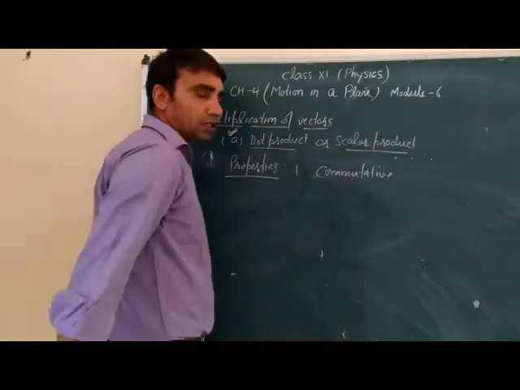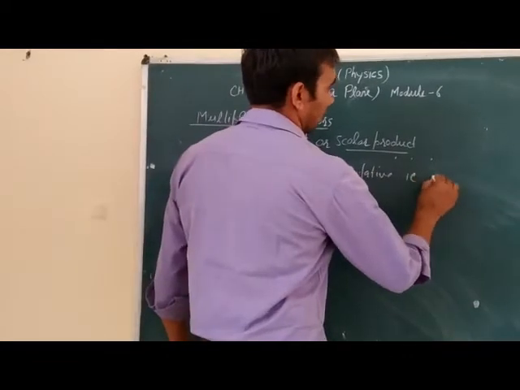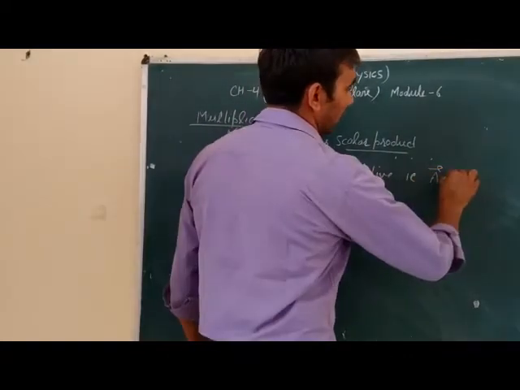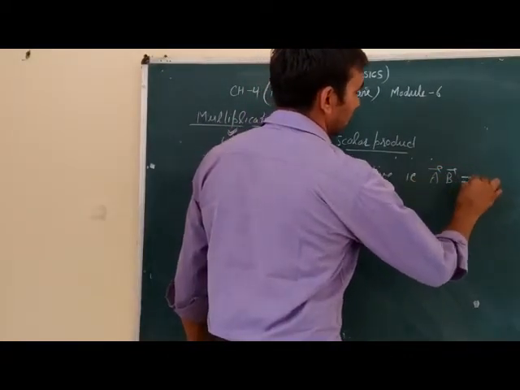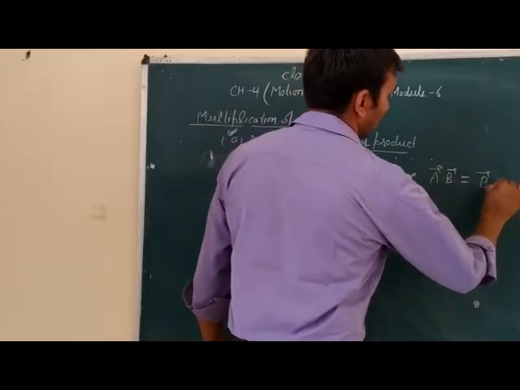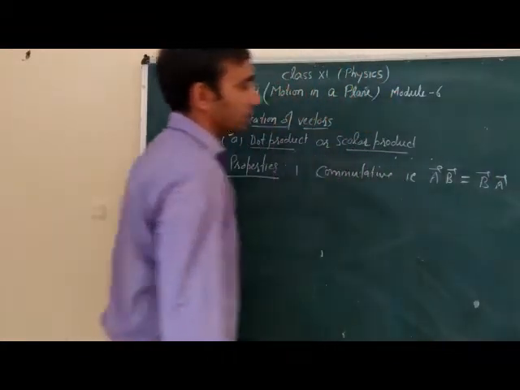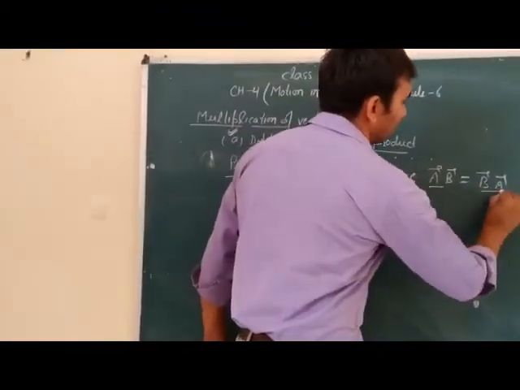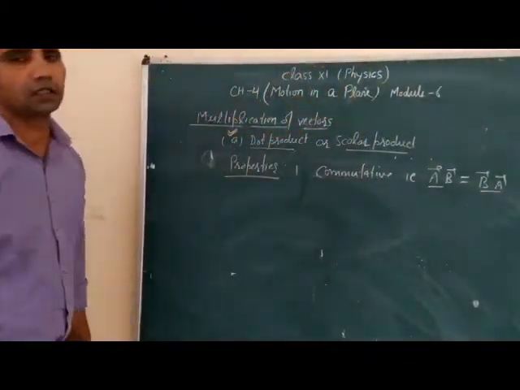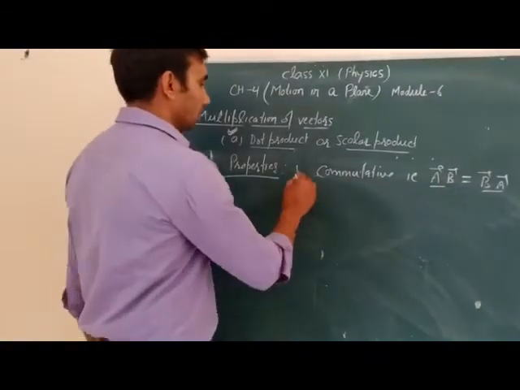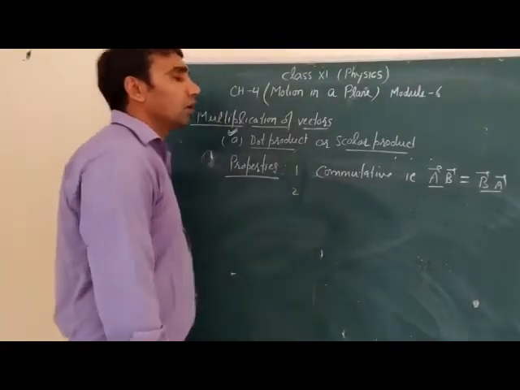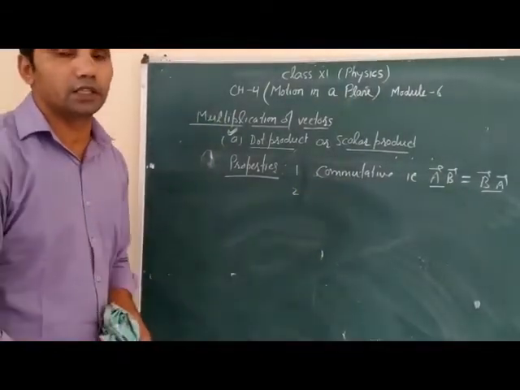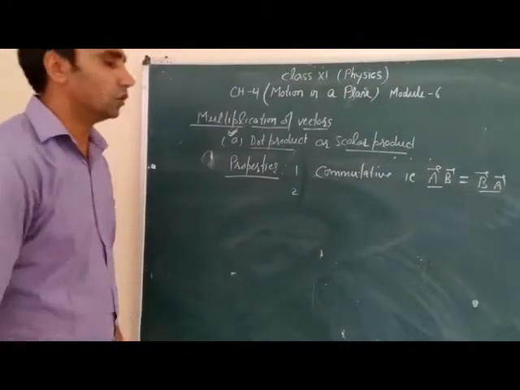Commutative means A dot B is equal to B dot A. This is called the commutative property. Second, the dot product of two vectors is associative.